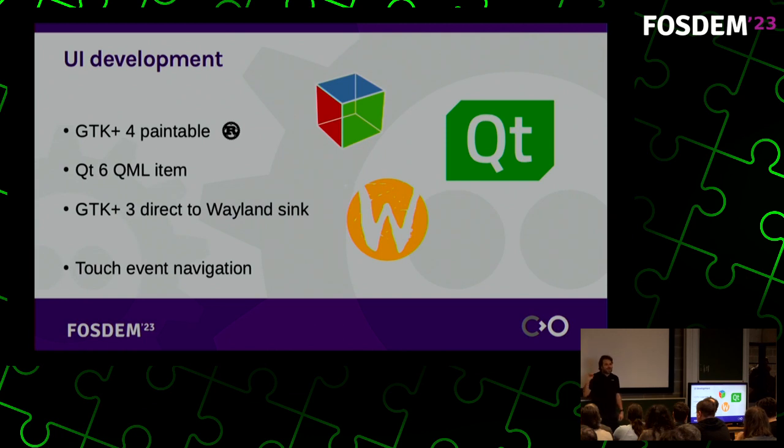It allows you to do things like greater performance, not use the GPU on embedded systems where the GPU might be too slow to do video. Up to now, this all works fine, but you had to write low-level Wayland code, and that's non-trivial. So we've written a GTK widget that wraps that. So now you can write your application in GTK, just add the widget, and you get all of these performance benefits for free.